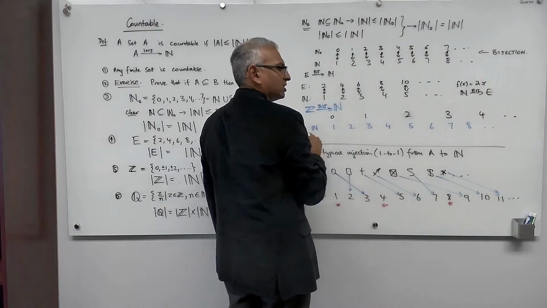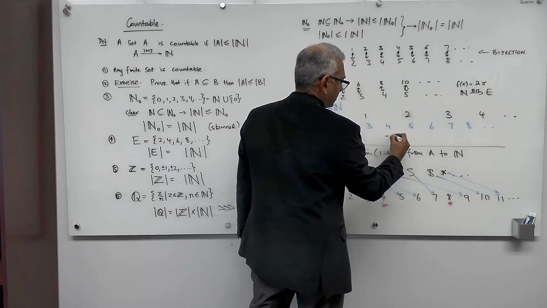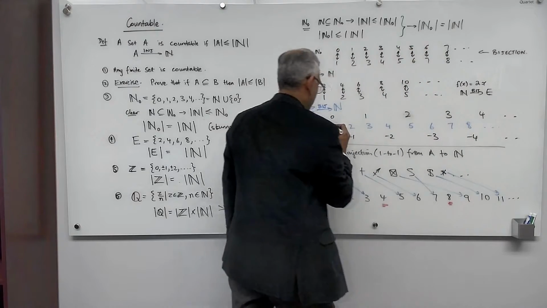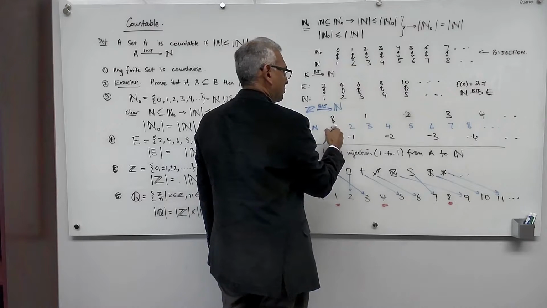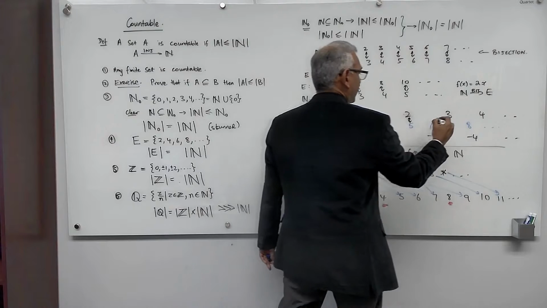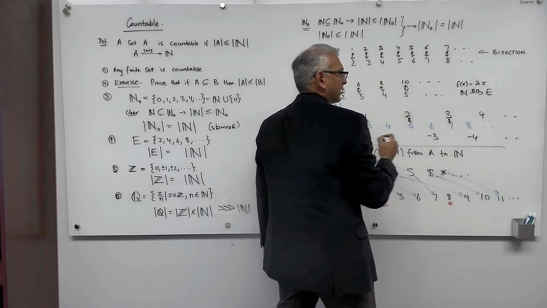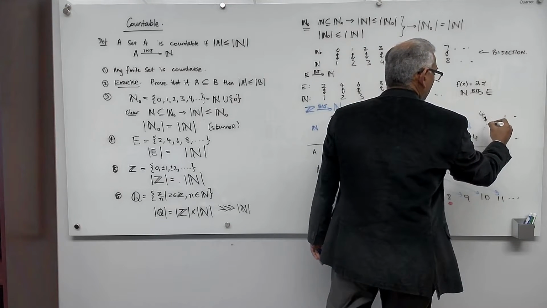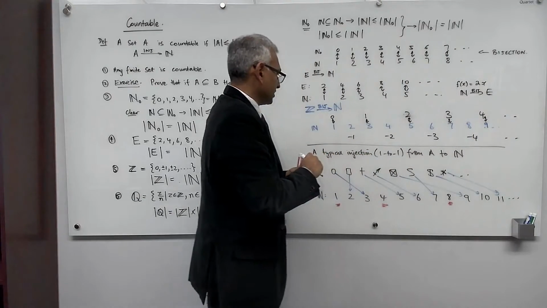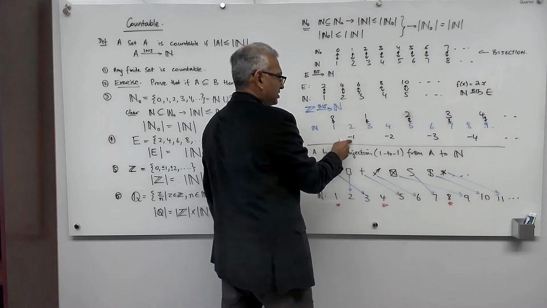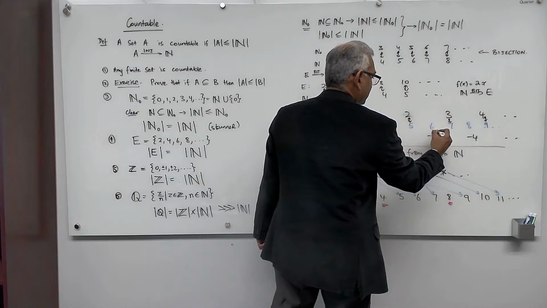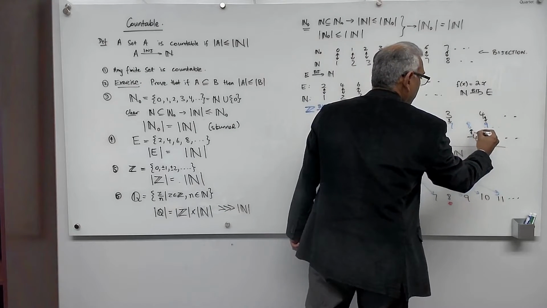And I'll put the negative integers on the bottom: -1, -2, -3, -4, and so on. And here, 0 is paired to 1, 1 to 3, 2 to 5, 3 to 7, 4 to 9. Okay, and let's look at the negative integers: -1 to 2, -2 to 4, -3 to 6, -4 to 8, and so on.